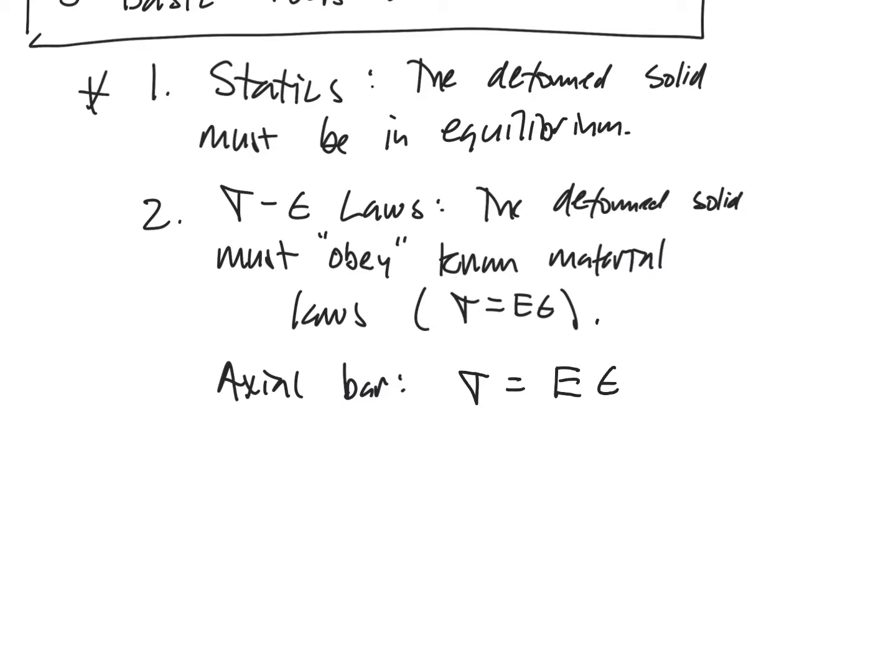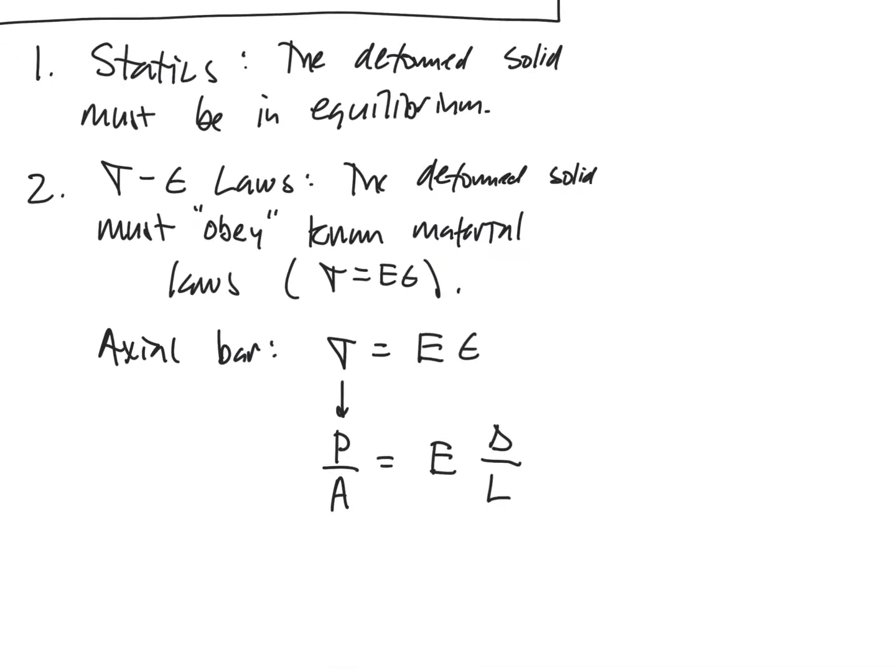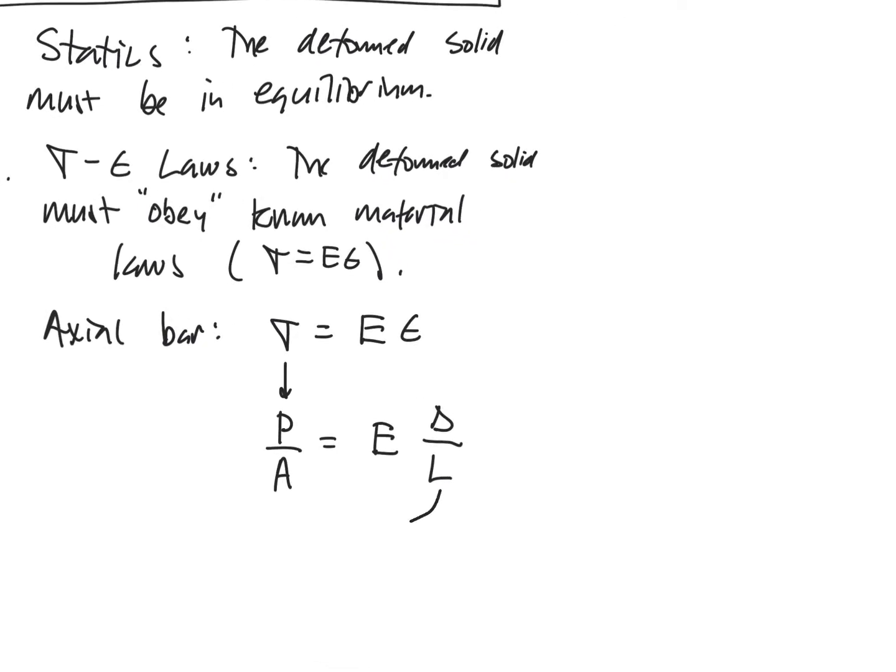Well, if we've got an axial bar that has uniform properties, which most of us are going to have, then the stress is P over A, force divided by the area. Then we have E here, and the strain, the normal strain, is change in length over length. Well, our change in length is delta, and our original length is L. So now what we're going to do is move L up here and bring E down here.